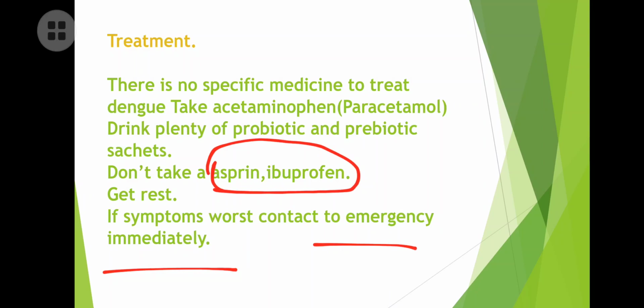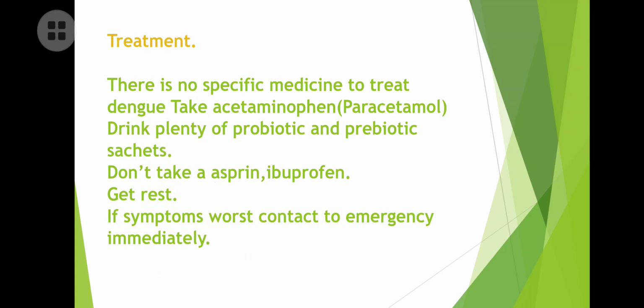Basically antibiotics are not preferred here, but if the viral infection is combined with a bacterial infection, then some doctors will prescribe cephalosporin antibiotics also. But the main important thing is fluid maintenance. You have to maintain the fluid inside the body. That is one of the major roles in the treatment.